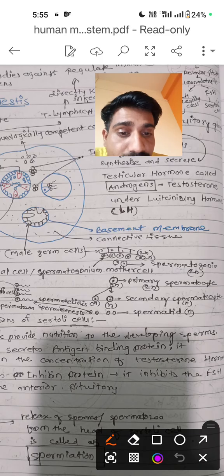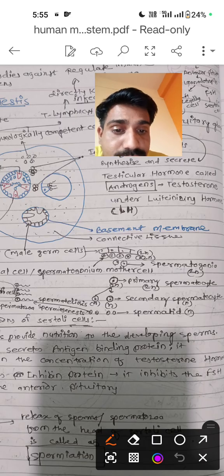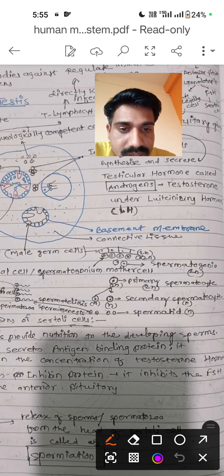From the spermatogonia there is also a formation of primary spermatocytes, which are very developed cells. Primary spermatocytes are diploid in nature, and each primary spermatocyte gives rise to two haploid secondary spermatocytes.